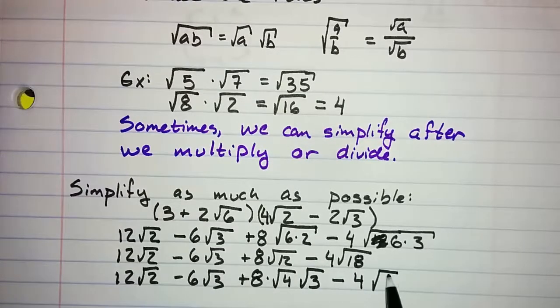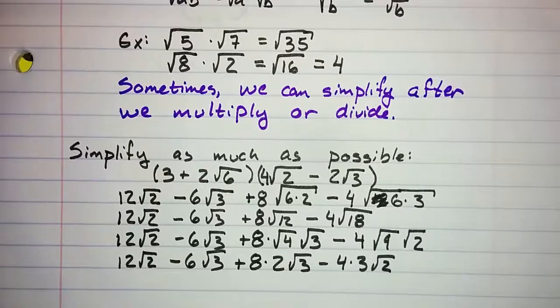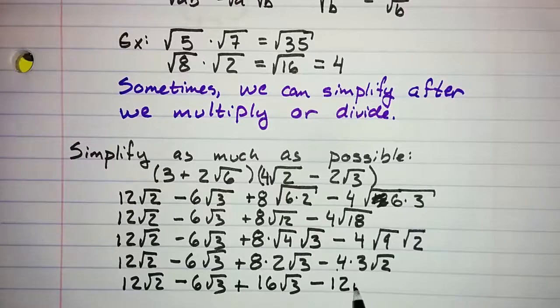Root 18 is root 9 times root 2. But root 4 is 2, and root 9 is 3. So we'll have 12 root 2 minus 6 root 3 plus 8 times 2 is 16 root 3 minus 4 times 3 is 12 root 2.